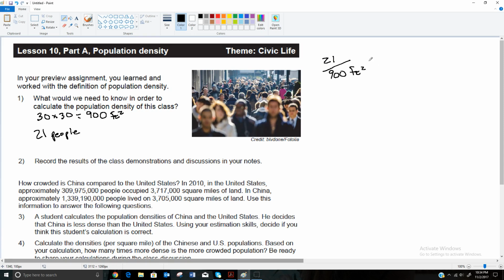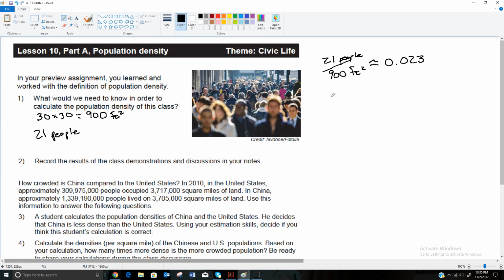The only problem is that 21 divided by 900 is only 0.0233. It repeats, so we'll round it to 0.023. What this means is that we have 0.023 of a person per every square foot of the room.